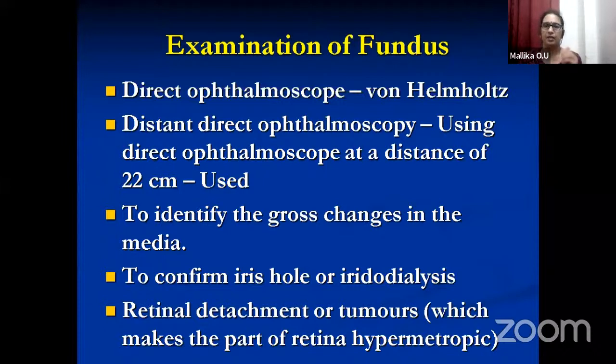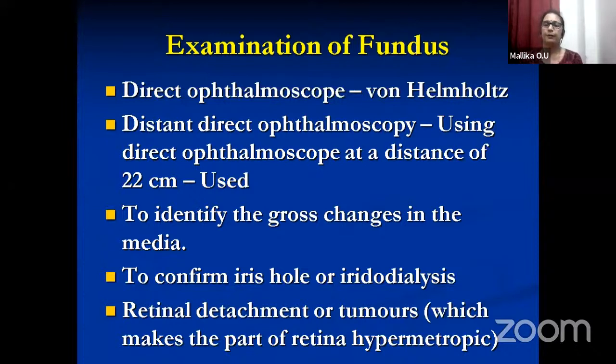If it is an iris hole, an iridectomy or an iridodialysis, any full thickness defect in the iris, including the pupil, is visible as a uniform red color. That is what we call the red reflex.